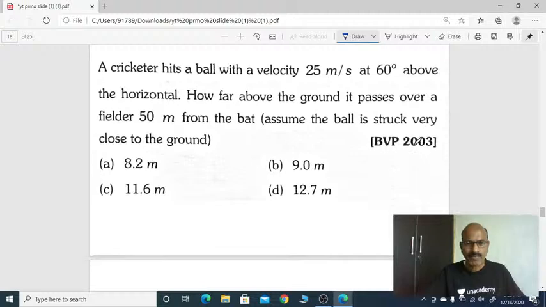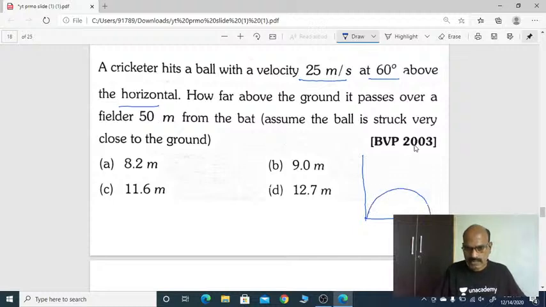Next one, a cricketer hits the ball with the velocity 25 meter per second at 60 degree above the horizontal. That's the meaning. See here, it is 60 degree, right? It is with the velocity v or u.